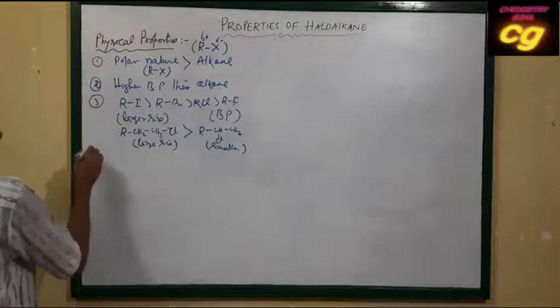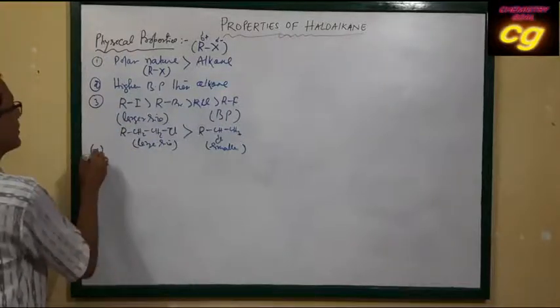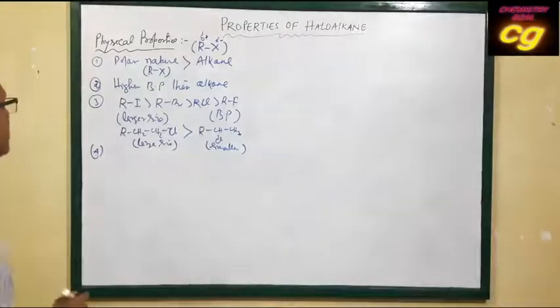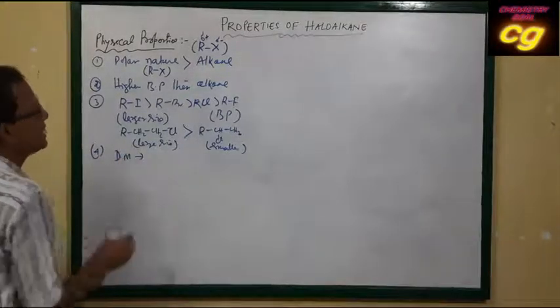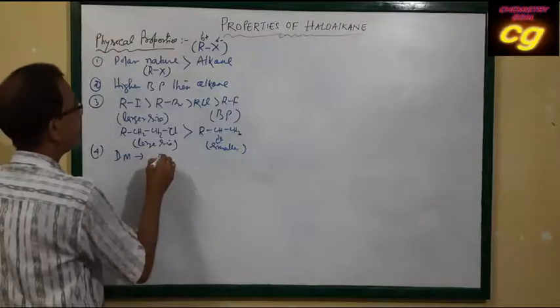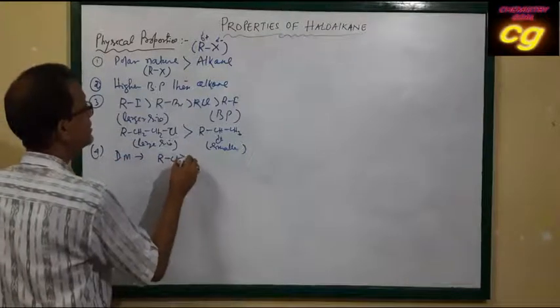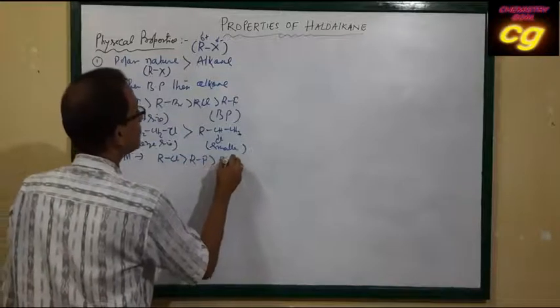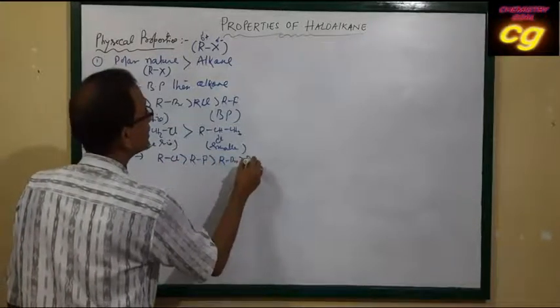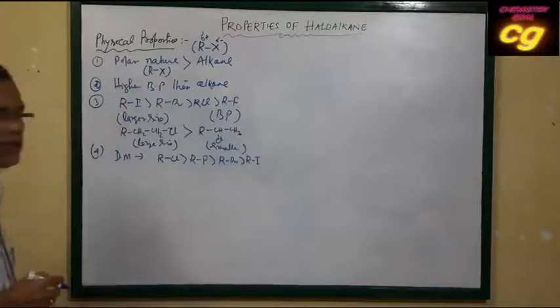And if you see the dipole moment order, it is RCl greater than RF greater than RBr greater than RI. Why?